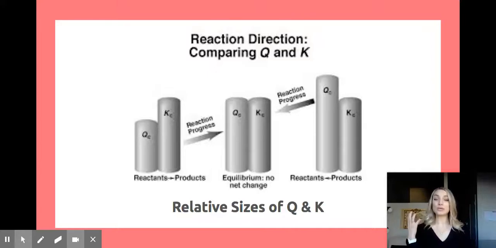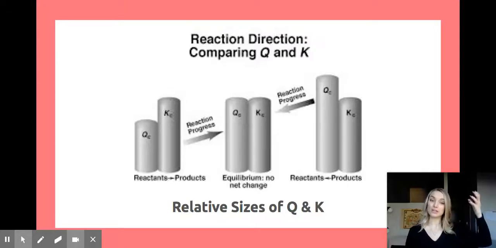If that Q value is smaller than our K value, we are not yet at equilibrium. We need more products than we currently have, and we say that the reaction proceeds to the right. All of this is with respect to equilibrium being in the center, so we're proceeding to the right towards equilibrium.